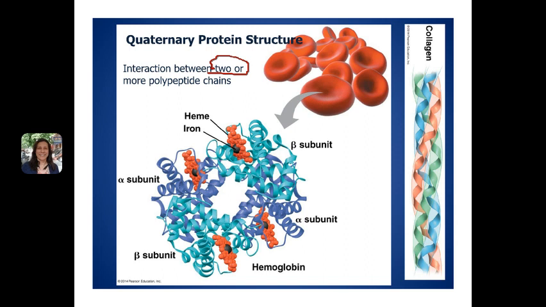We see the picture of hemoglobin, and it has 4 polypeptide chains that are each folded in a very specific way. There are 2 identical beta chains and 2 identical alpha chains. They fold in a specific way. Each of them has a heme unit attached to it, and that is the part that can attract oxygen and carbon dioxide.